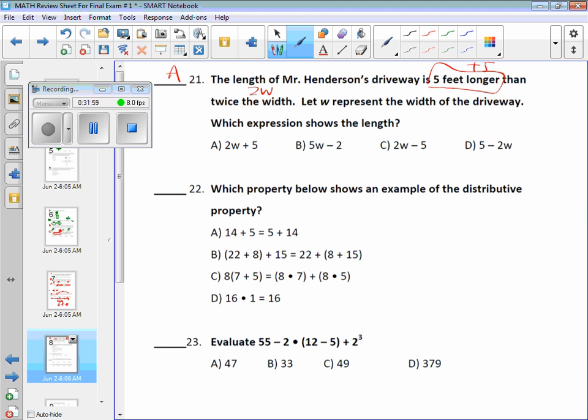Quick recap on properties. 22A is what property? Hannah. Close. What about addition? Something with addition.